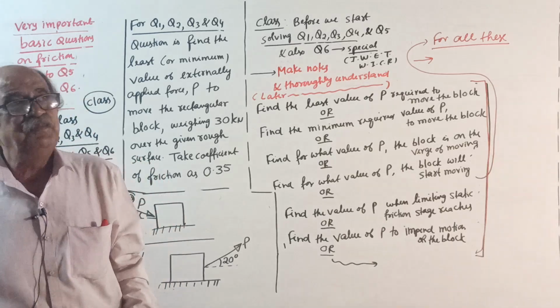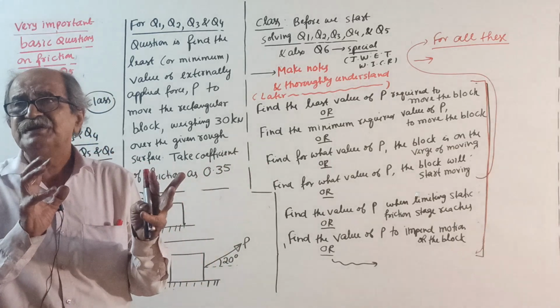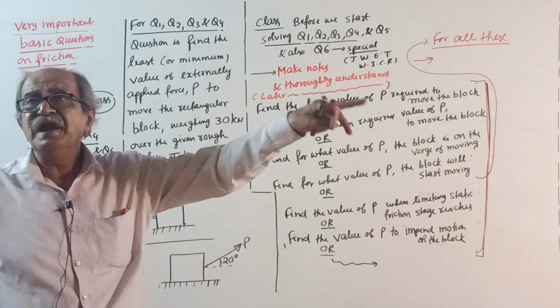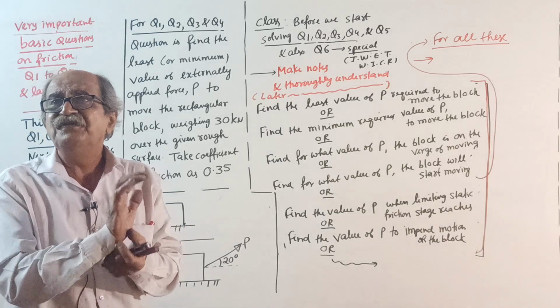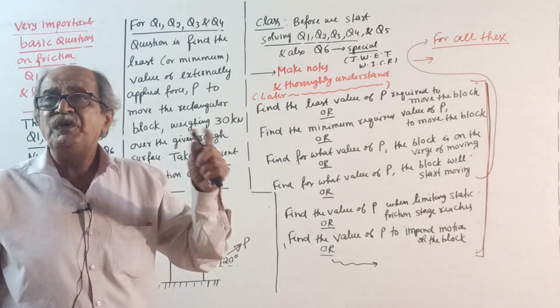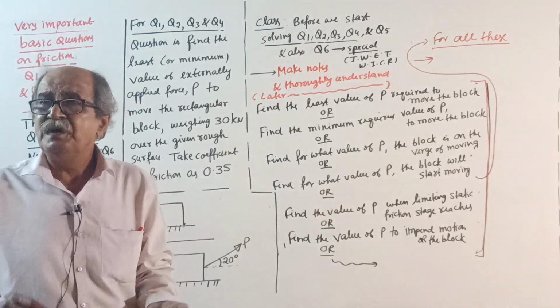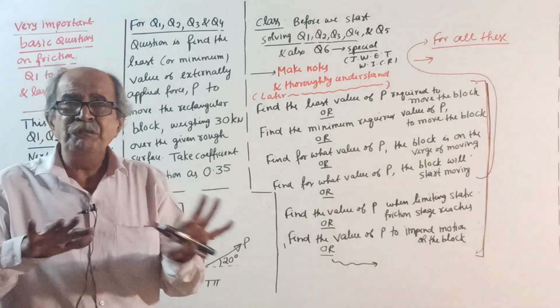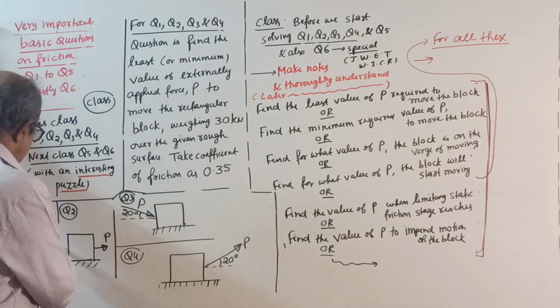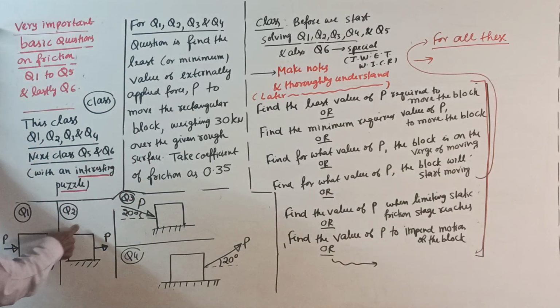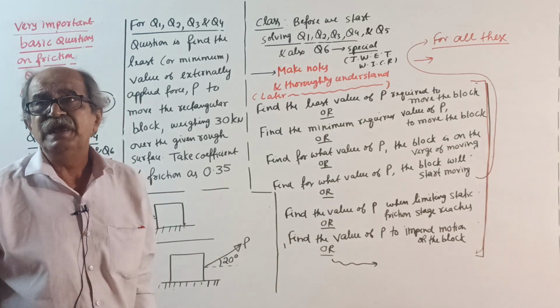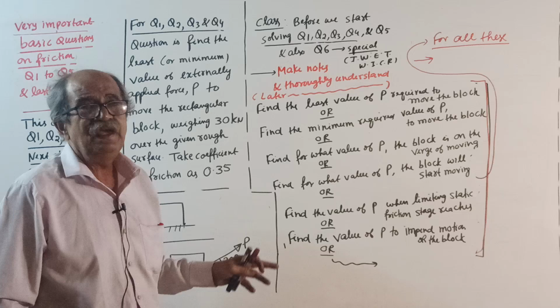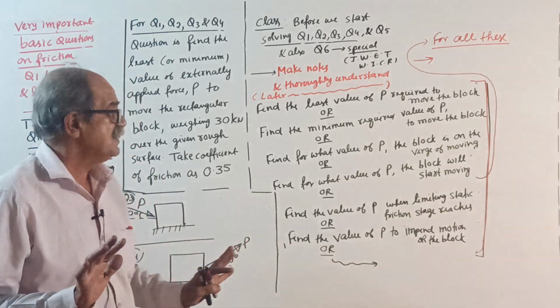If I put a light weight first and a heavy weight later, a light weight over a rough surface will move very easily, whereas a heavy weight over a smooth surface may require more effort. So to compare results, next class after solving all the 5 questions and also the 6th question, I will give you one summary of why these questions 5 and 6 are solved.